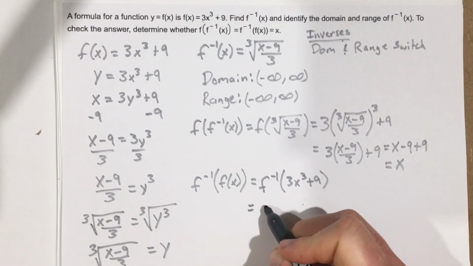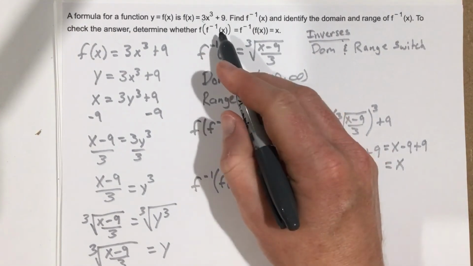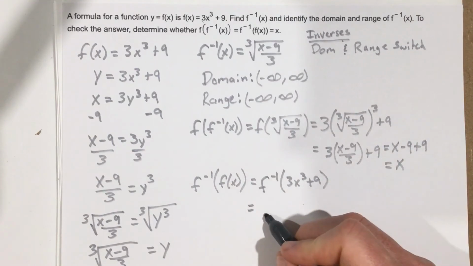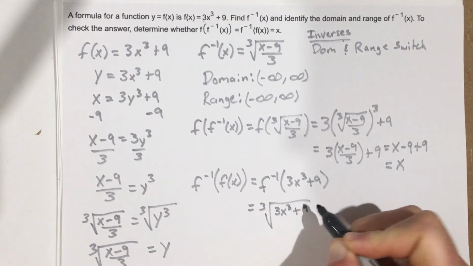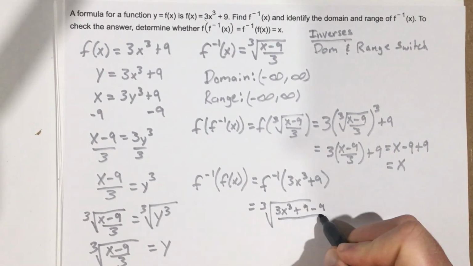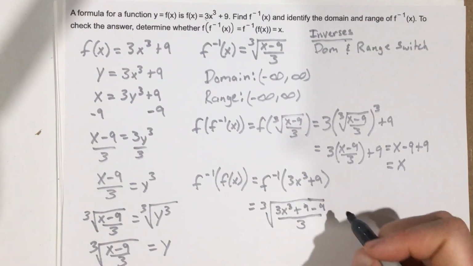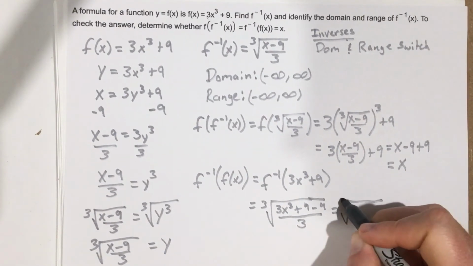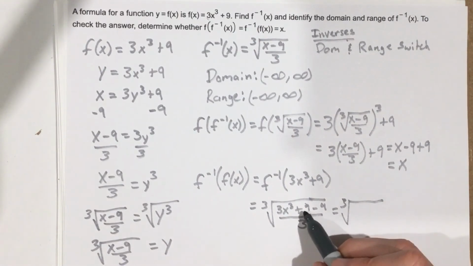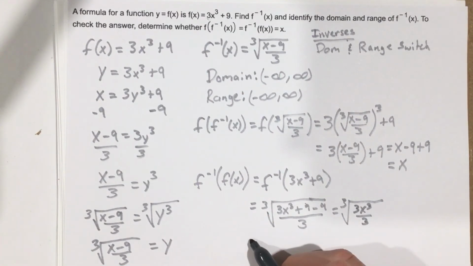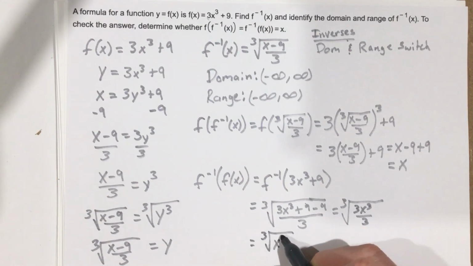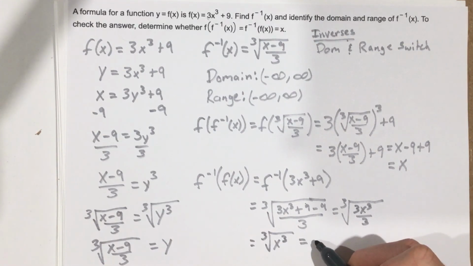When I plug 3x cubed plus 9 into the actual inverse, I'm going to get the cube root of 3x cubed plus 9 minus 9 over 3, which is going to give you the cube root of, when these cancel, 3x cubed over 3. The 3's cancel, so you're left with cube root of x cubed, and when you take the cube root of x cubed, you end up with just x.